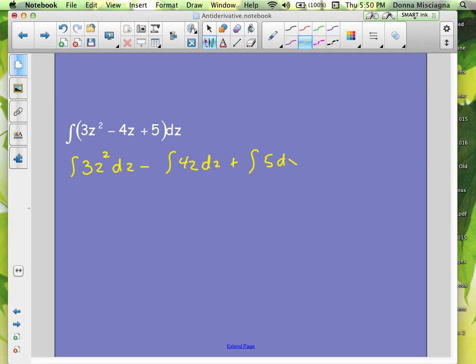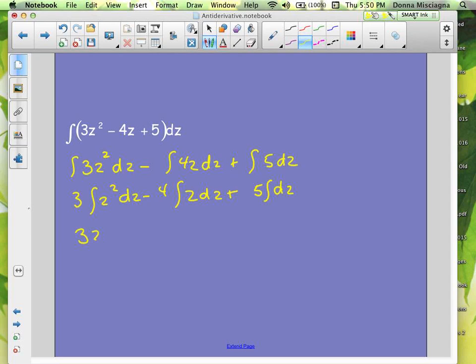Oops, I started to write an x. dz. Right, now I can factor out the constant multiple. So 3 times the integral of z squared dz minus 4 times the integral of z dz plus 5 times the integral of dz. All right, so power rule all the way through.